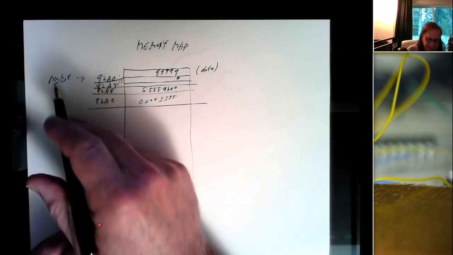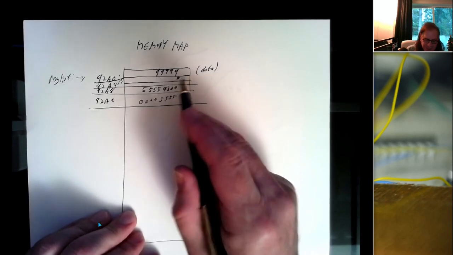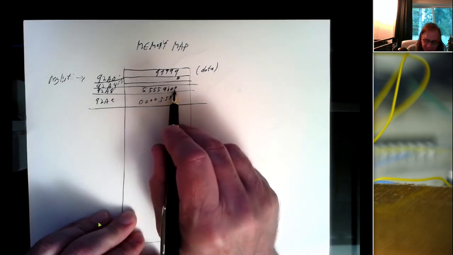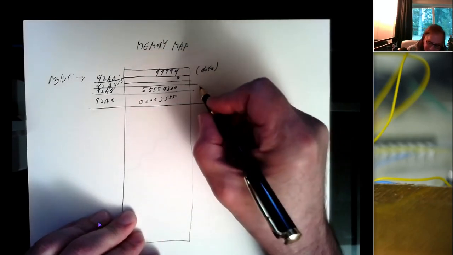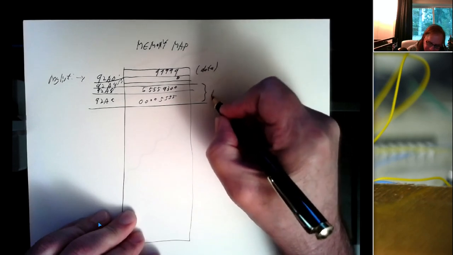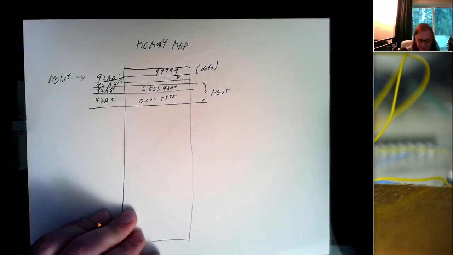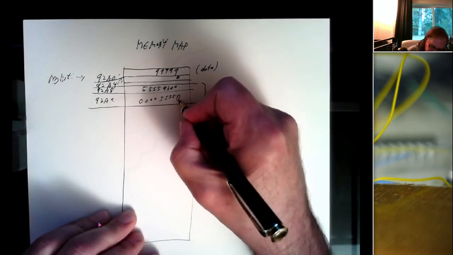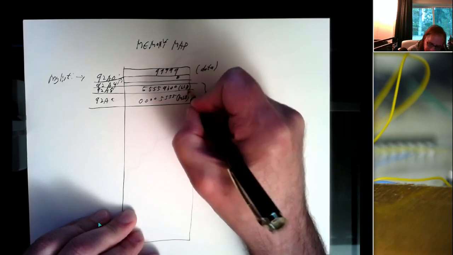At 92A0, which is the value of my list, I've got my data value, followed by a 0, followed by 2 bytes that look like they go together to form an address. This whole thing is what we call the next field of our structure. And this piece here is the most significant byte, and this is the least significant byte.